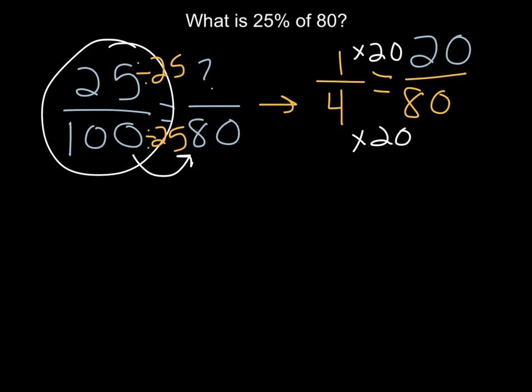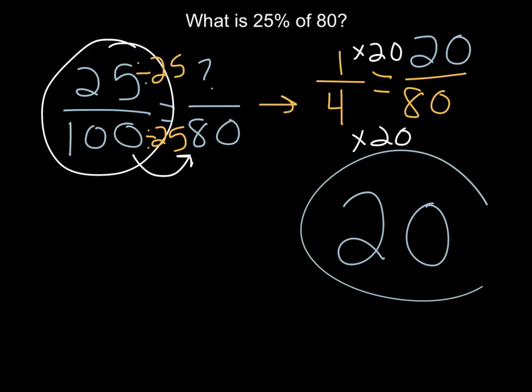So to answer our question, what is 25% of 80? 20. So just to reiterate, whenever you cannot get your denominator of 100 to your other denominator, you simplify that fraction to give you a new denominator that is a factor of your other denominator. We'll do another example of this.